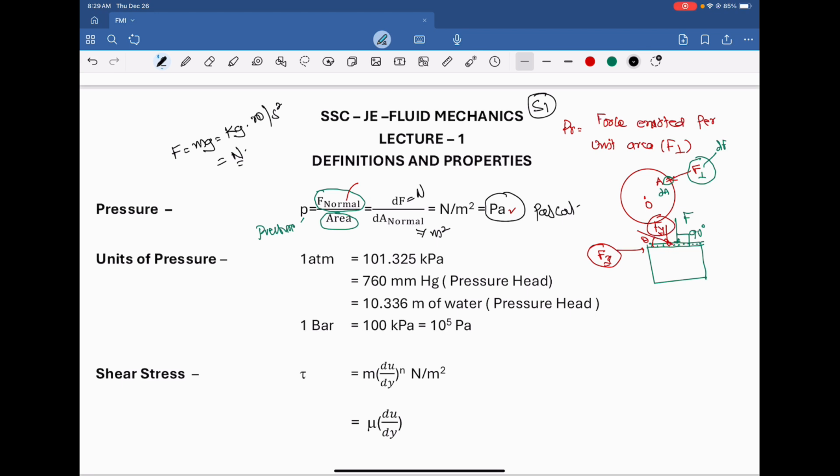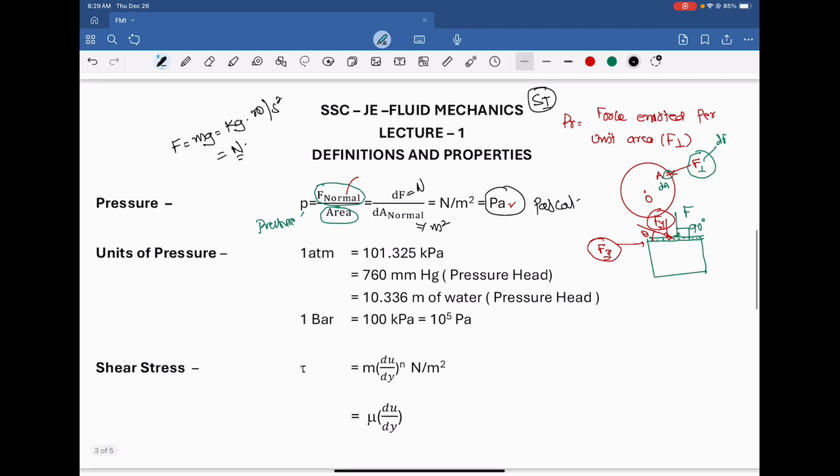You follow the SI system, and you ensure that your answer will be in SI units. If you want to convert as per the question given, you can convert, but SI is the system we regularly follow in our engineering subjects. Even in SSC JE, I think in the advertisement they have given, they will follow SI units. Please cross check. Let's follow SI units only.